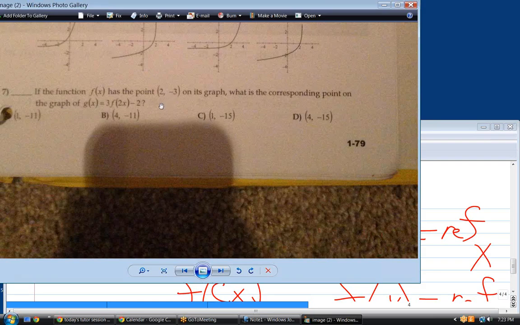Yeah. Okay. So I'm not only shifting it down by 2, but I'm multiplying it by 3.